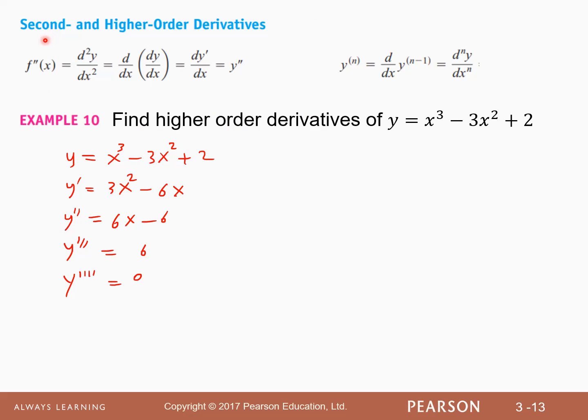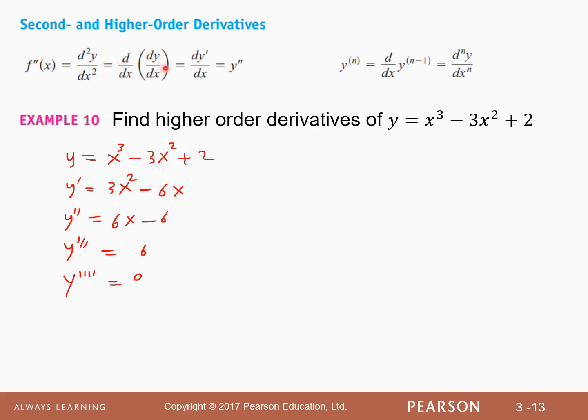Now we discuss second and higher order derivatives. Representation is f double prime of x equals d2y by dx squared. This is equal to d by dx of dy by dx.